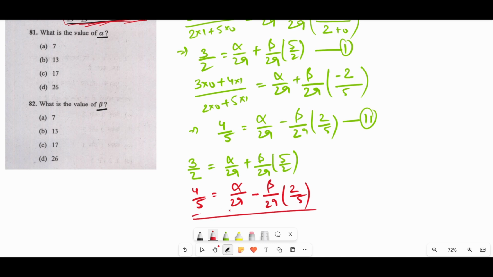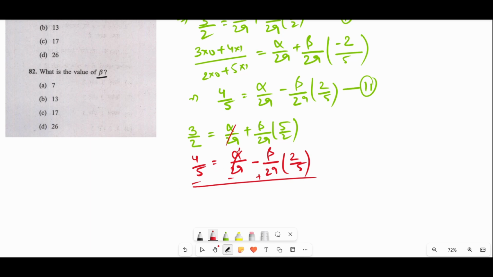So if we subtract this, this becomes plus, this gets cancelled, and we get basically 3 by 2 minus 4 by 5, which will give you (15 minus 8) by 10, which is 7 by 10.